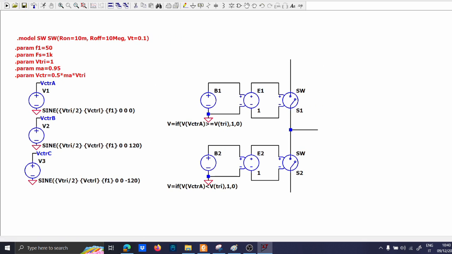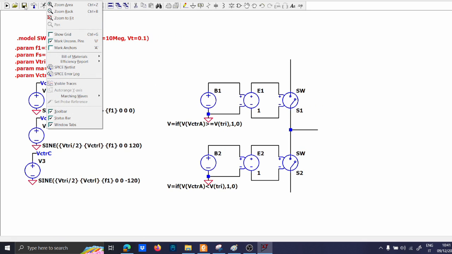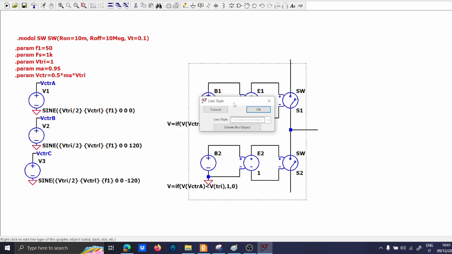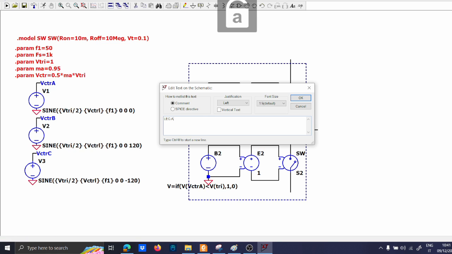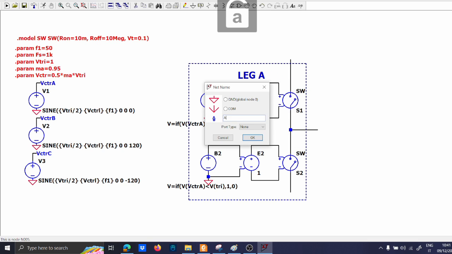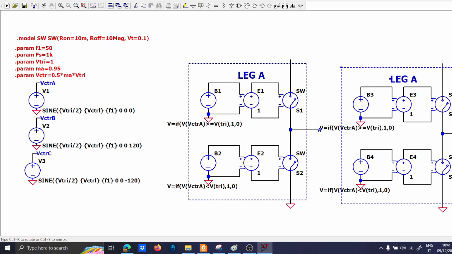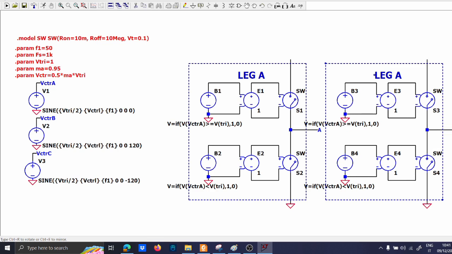Now you can draw a rectangle, and all of this is the leg A. As such, this will be voltage A. And this will be the ground. So the only thing left to do is to copy and paste this for each leg.